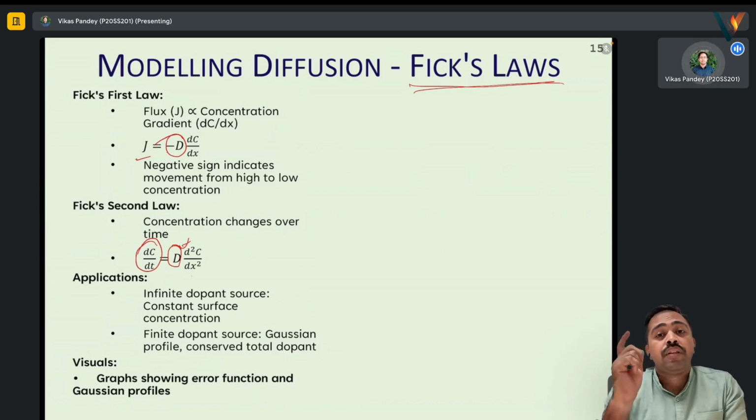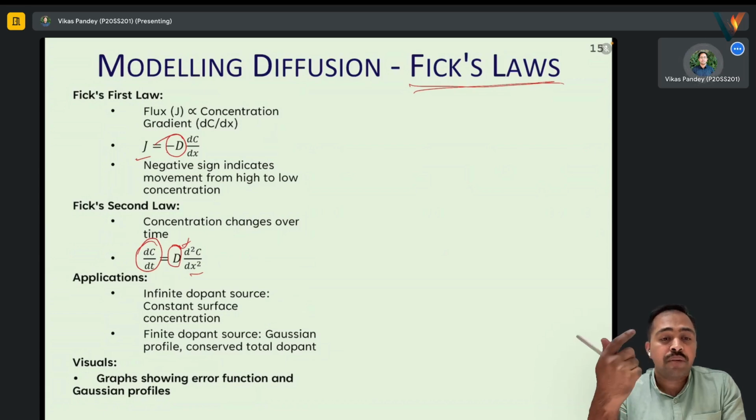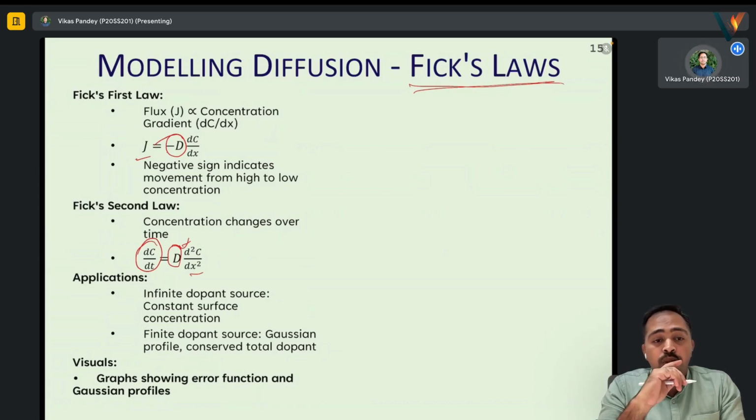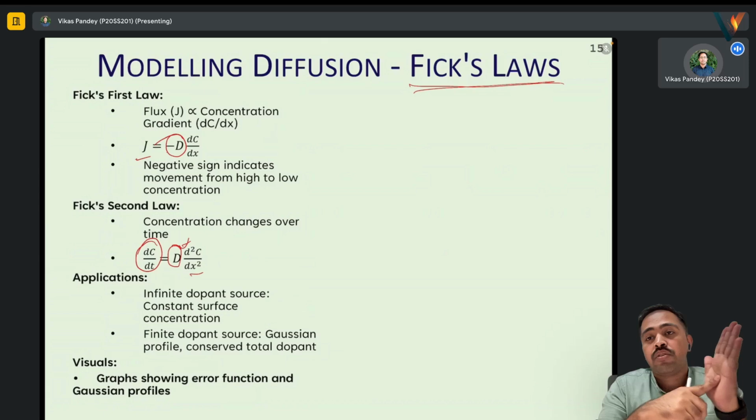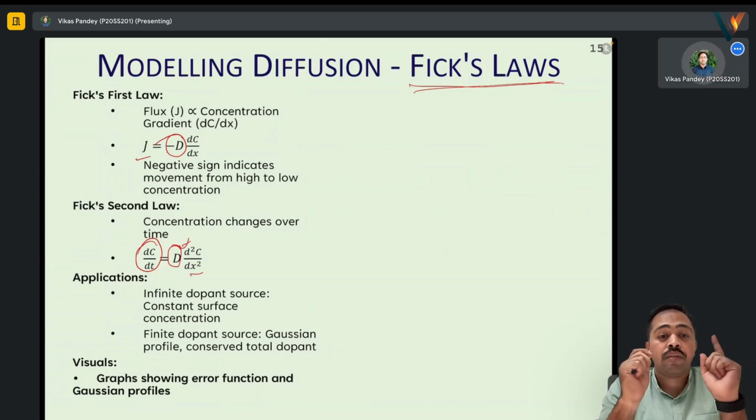So this Fick's law is used to model and estimate the infinite dopant source, that is constant, to create a constant surface concentration. So we are changing the concentration of the dopant so that we get a constant surface concentration for our doping to occur. Then the second option can be to create a finite dopant source, to create a Gaussian profile.